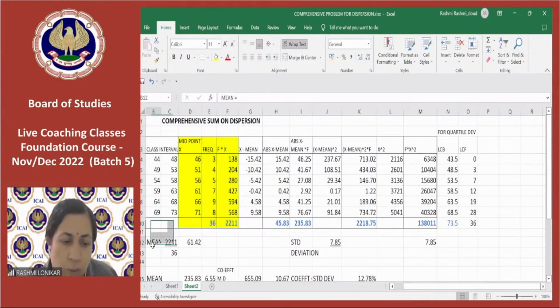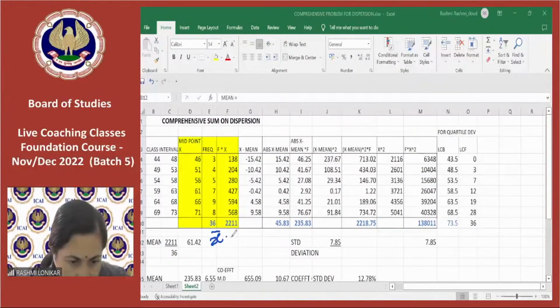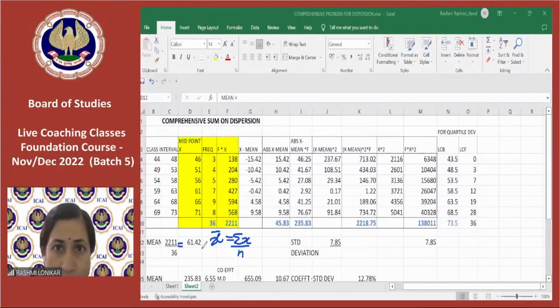Remember the formula for the mean: x bar is equal to summation fx upon n. So this is 2611 upon 36, which gives me 61.42. So I have found the mean.